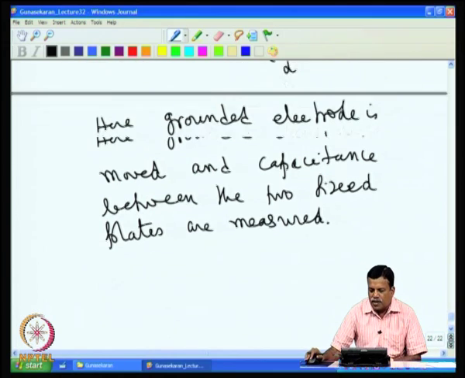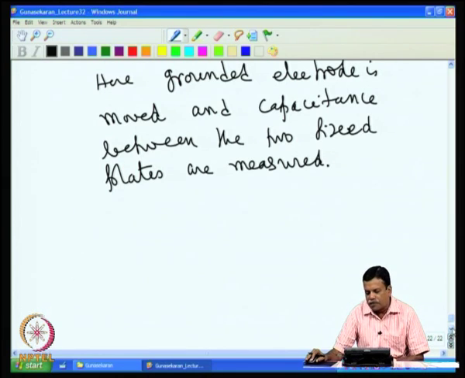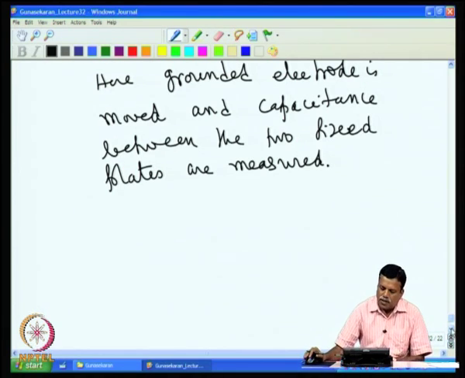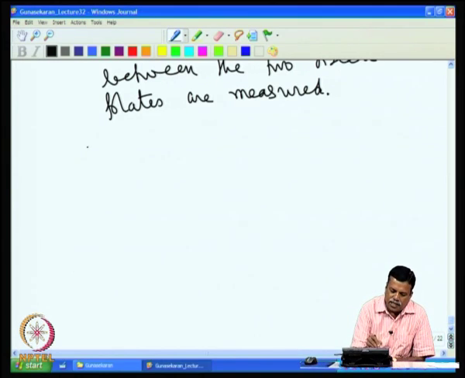Now, we will see how each of these can be used for a different purpose. Let us see a general capacitance measurement technique first using an op amp, because earlier we discussed capacitance measurement using the ratio transformer technique.